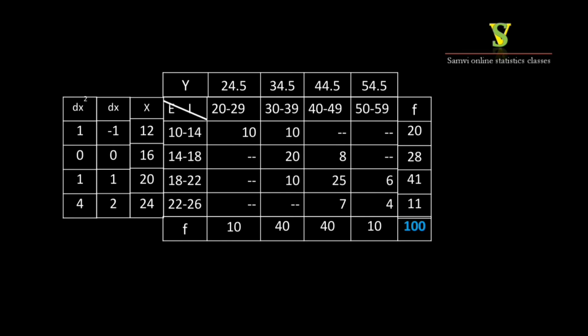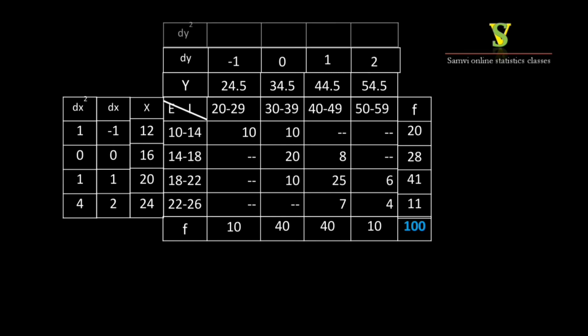Now only I told how to calculate, right? So for the mid value you have to consider 0, then the upper values -1, -2, -3 like this, and below you have to take 1, 2, 3, 4 like this, right? So we'll write -1, and next below you have to write 1 and 2. Once you calculated dy, the next step is calculating dy square. Square the values.